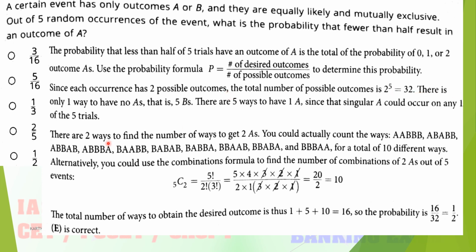Next, there is only one way to have 5 B's. That one way is A equal to 0. If A is equal to 0, then all 5 characters are B. How many different ways are possible? Only one.